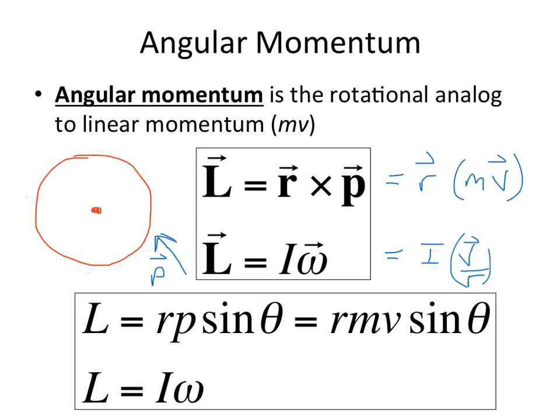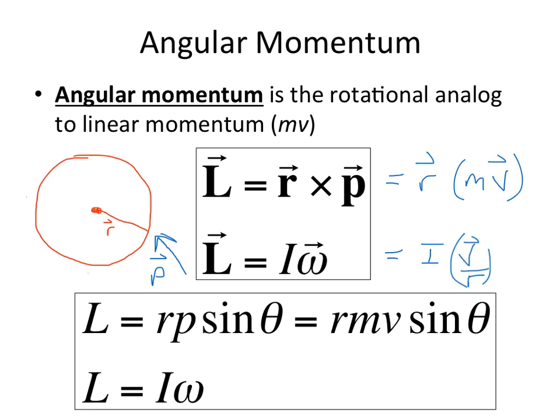Let's go back and look at this little merry-go-round scenario and then we'll make some sense of it. So you are running with this momentum, some velocity. Your mass has some velocity, and you're hitting the merry-go-round at radius R, but it's not exactly tangential. It's at some other angle.